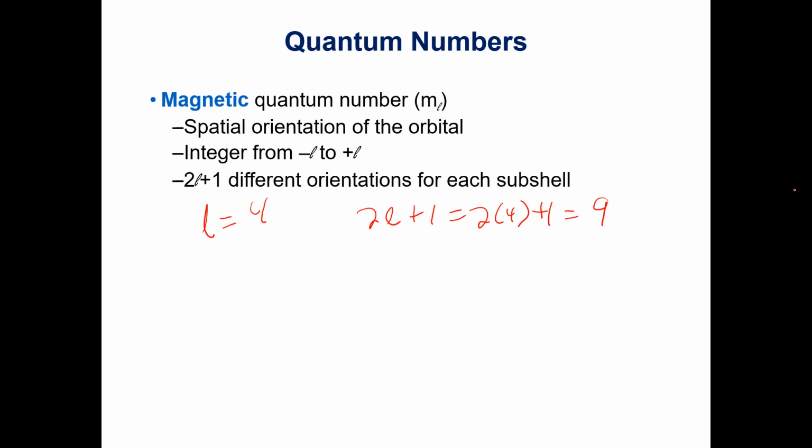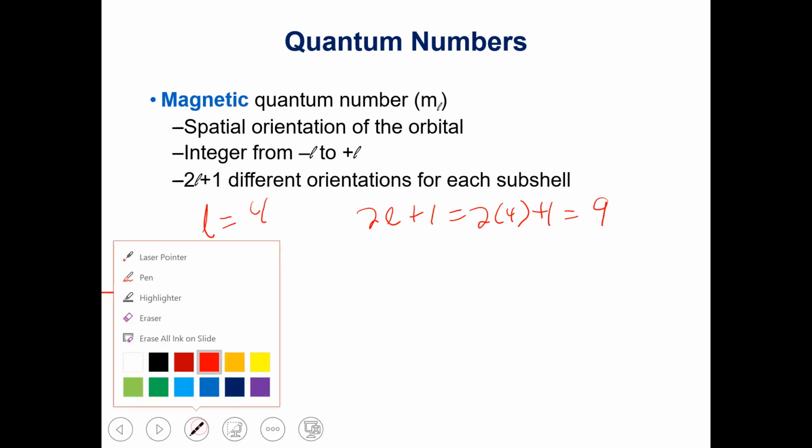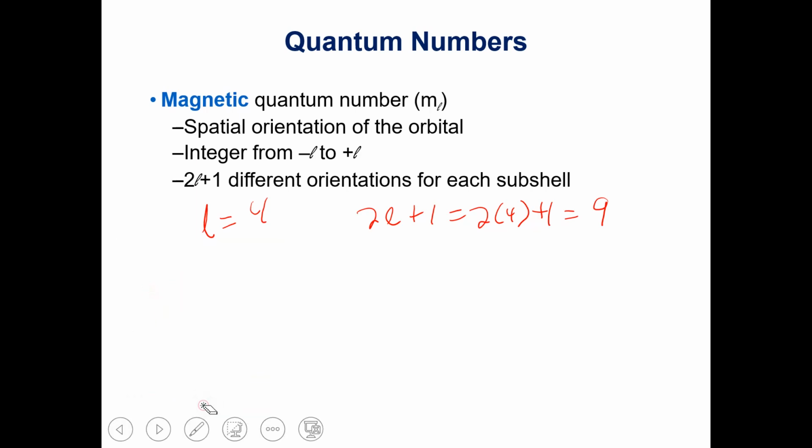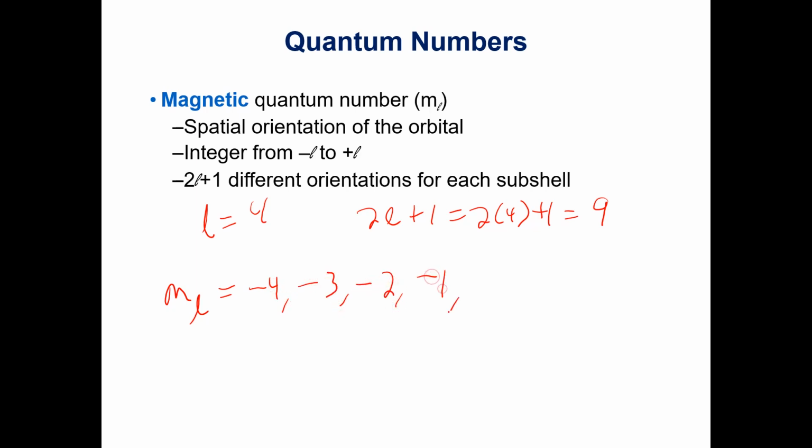Now to actually label the subshells, if L equals 4, m sub L can be anything between negative L and positive L. So m sub L is negative 4, negative 3, negative 2, negative 1, 0, 1, 2, 3, or 4.